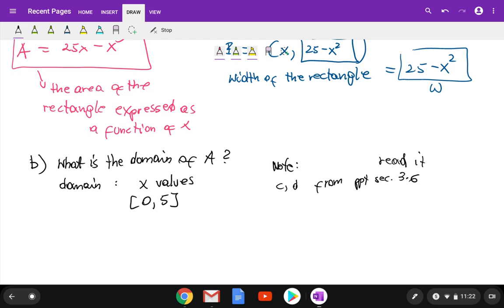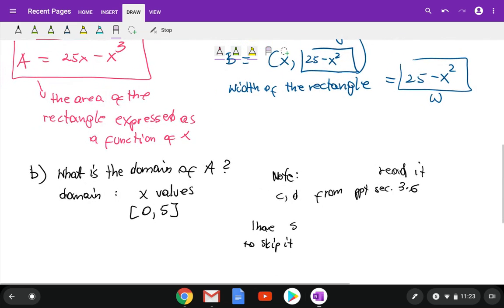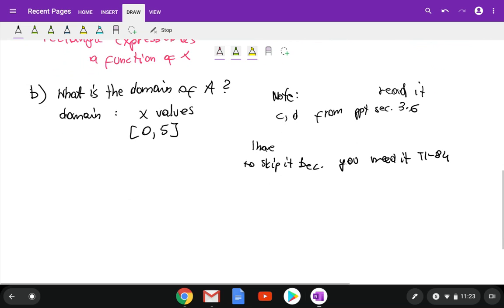So I have to skip it, because you need a graphing calculator, a TI-84 or TI-83, which technically we should not use in this class.